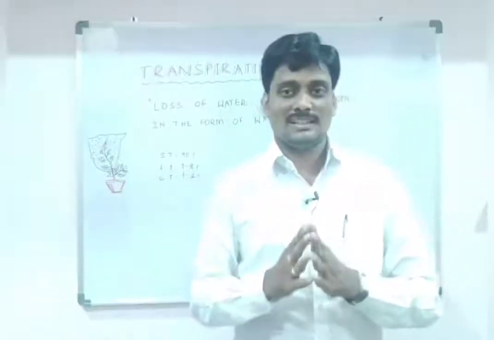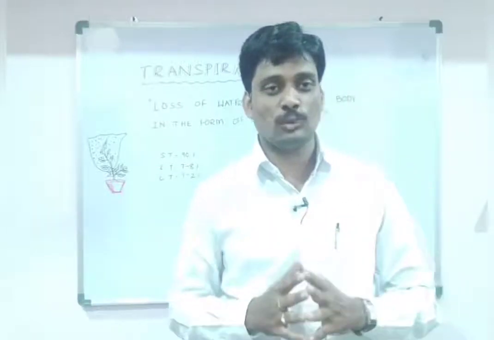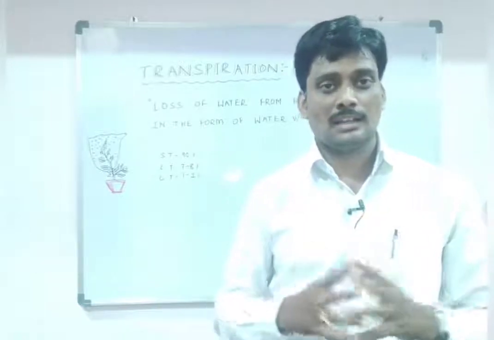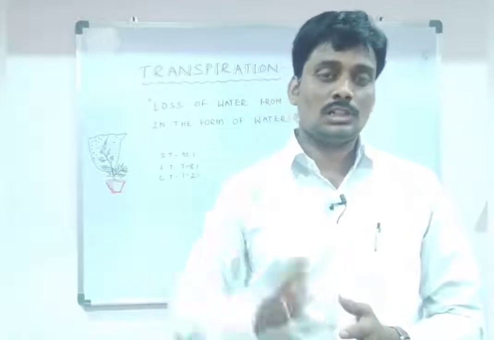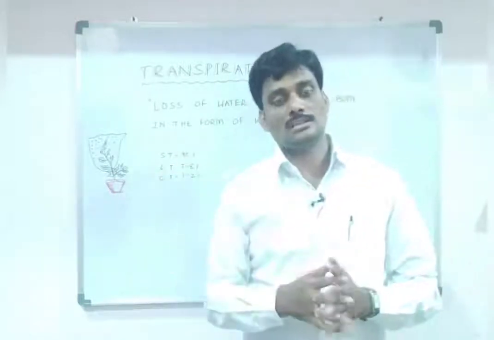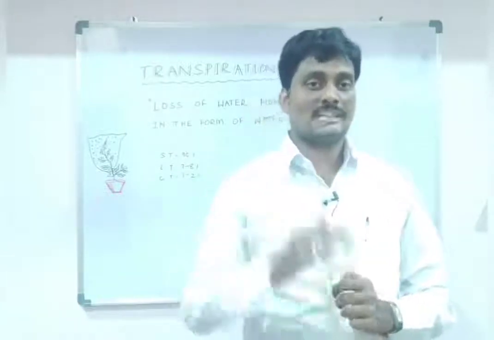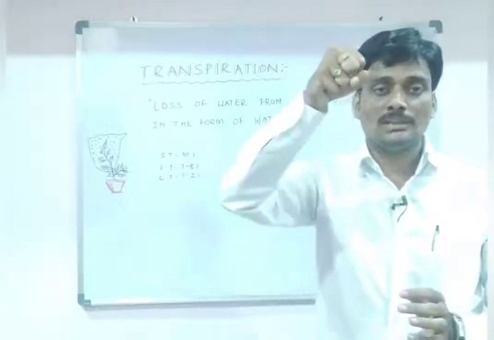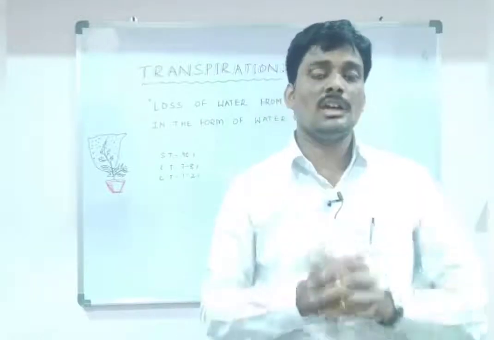I just mentioned transpiration pull, and it is very important especially in tall plants like eucalyptus, where the water has to reach the tallest region, from the roots to the last part of the tree. By transpirational pull, the water column is maintained.